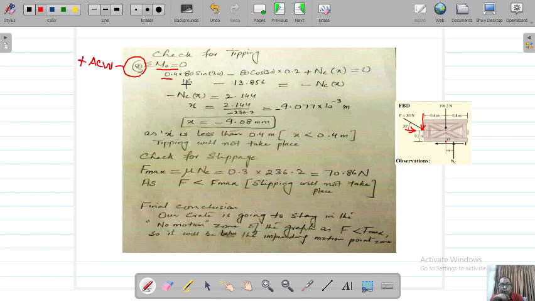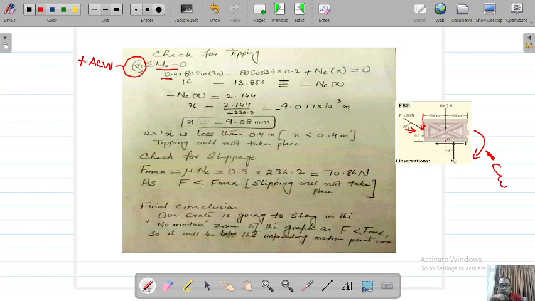So 0.4 into 80 sin 30 is positive, as it is anti-clockwise. The 80 cos 30 component is going to tip the body in this direction, which is clockwise, and clockwise directions are always negative since we assume anti-clockwise as positive. So it comes out to be minus 80 cos 30, and the perpendicular distance of this component from the origin is 0.2 meter.